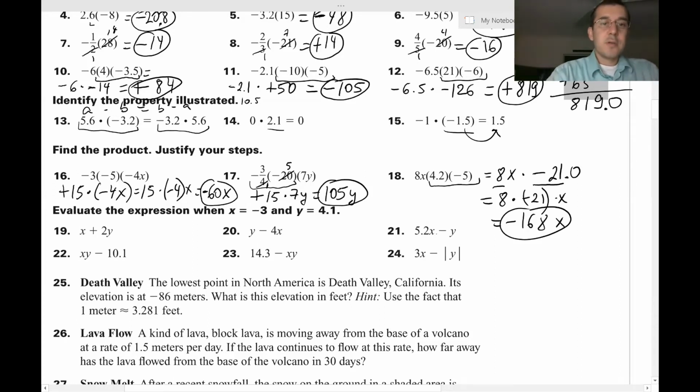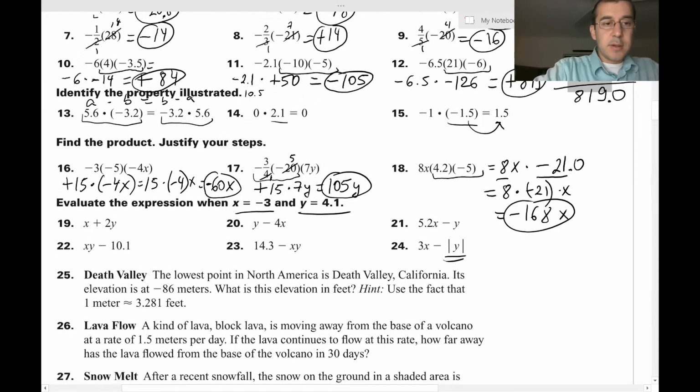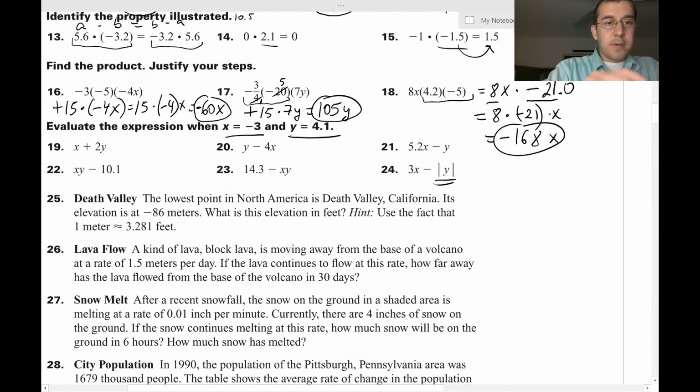Evaluate the expression when x is minus 3 and y equals 4.1. This is 19 through 24. We have absolute values here as well. Okay, so let's do 19. We have x plus 2y. So x is minus 3 plus 2 times y, which is 4.1.